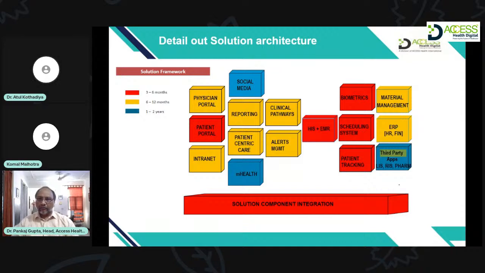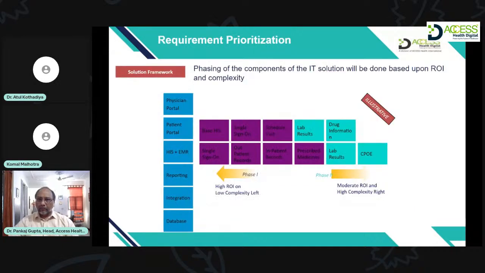Can you move to the next slide, please? Now, coming to priority setting for each and every functionality. What is important are all those functional requirements which are mandatory. Without them, that particular department will not be able to function, so they are always priority one requirements. High return on investment and low complexity will always fall on the left side of the axis, which is priority one.